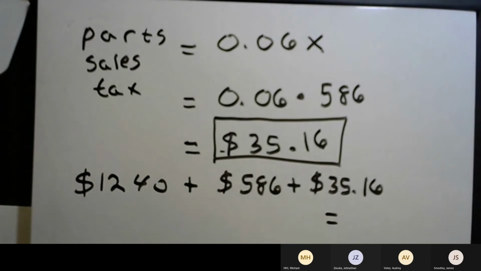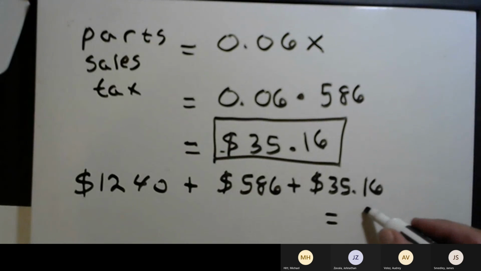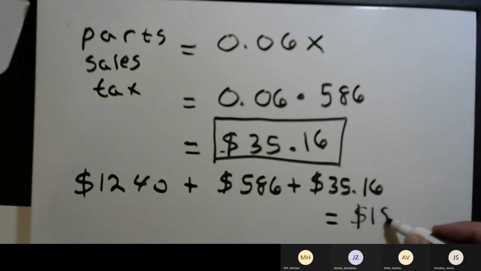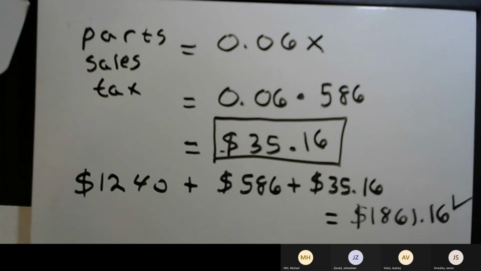Well, let's check this, see what we get. Sure enough, we get the total in the drawer. And so that works. So that's it. That's 7.6.